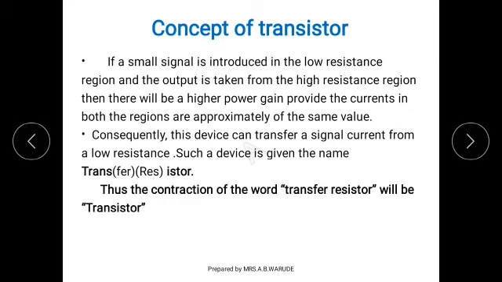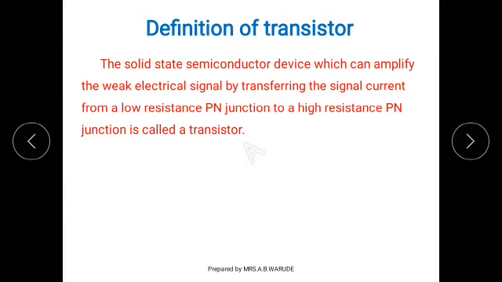Or we may write the definition as: the solid state semiconductor device which can amplify the weak electrical signal by transferring the signal current from a low resistance PN junction to a high resistance PN junction is called a transistor.